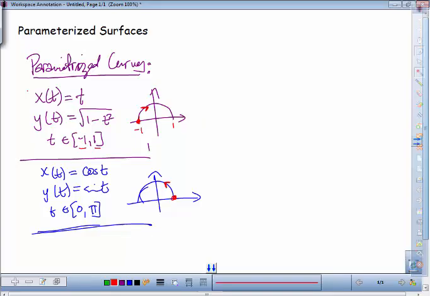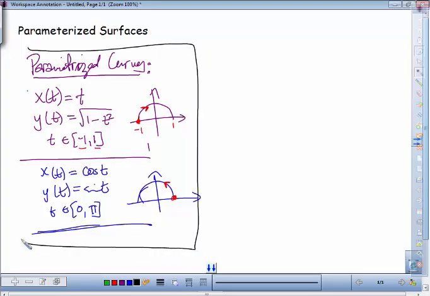So we can see, just as an example with the curves, that it could be an infinite number of ways to graph the same image, and depending on how you graph this, the orientation might be different. And so we're going to be concerned about those couple of aspects of things.